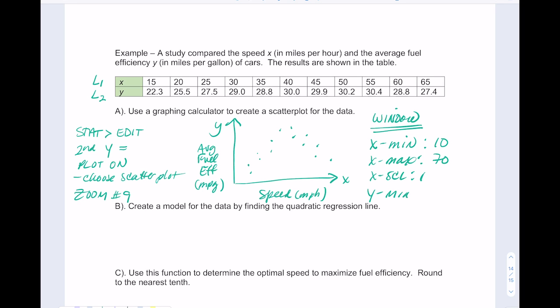And then the y min, let's do 20, since that looks like the lowest y value. The y max I made 30, since the highest one looks like it's about 30. Actually, y max you can make a little bit bigger. You could probably do about 32. And again, the y scale you can leave as 1. That can help you see the graph a little bit better.